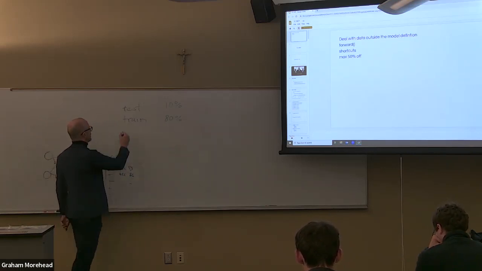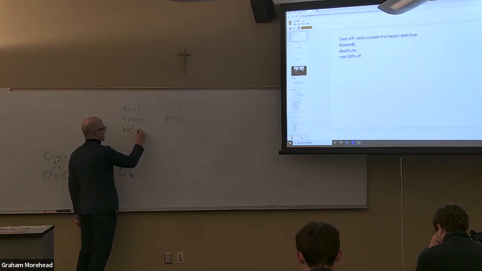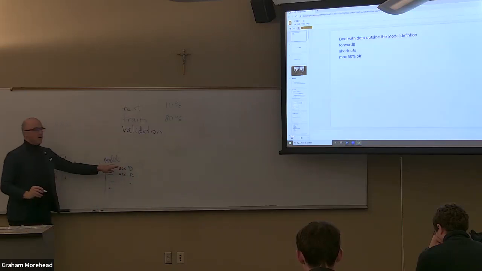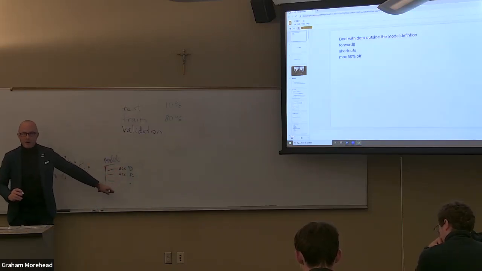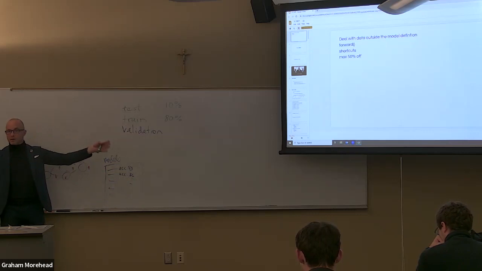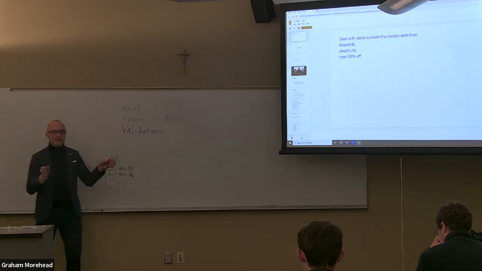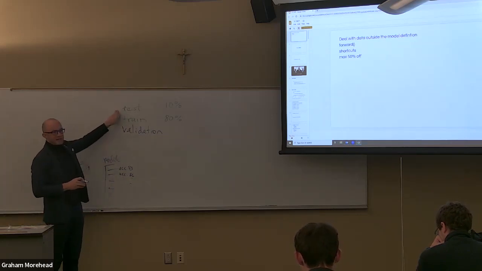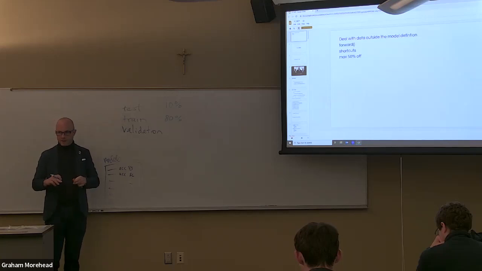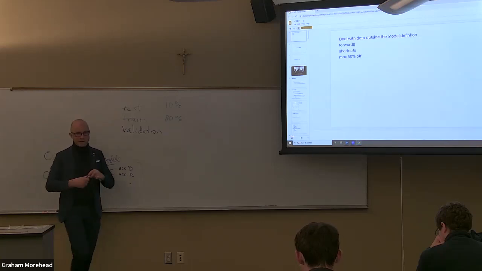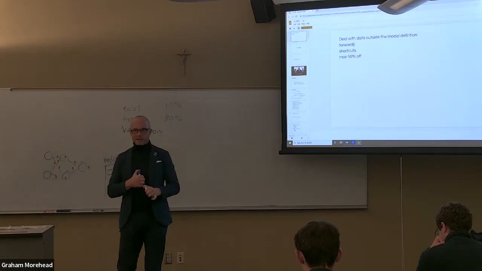This is where the validation set comes in. Validation lets you know how you're doing, how good your models are, in a generalized way, while still allowing you to hold out the test set to the very end. That's what this homework is about this week.